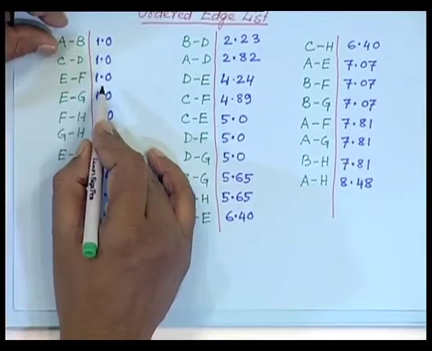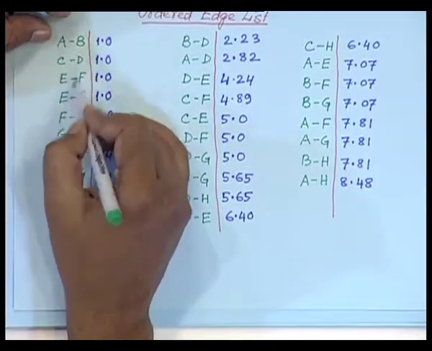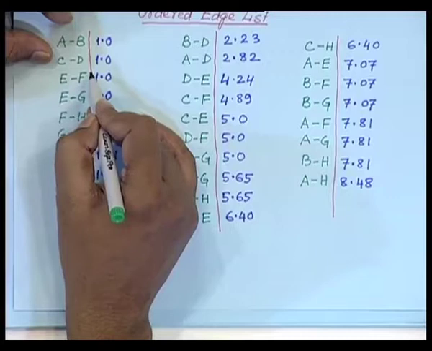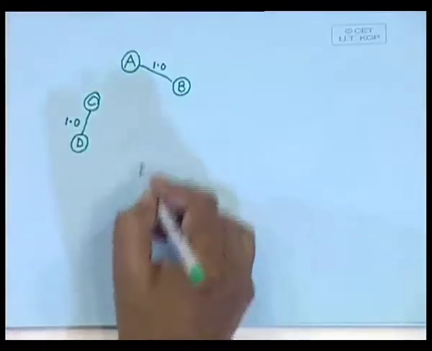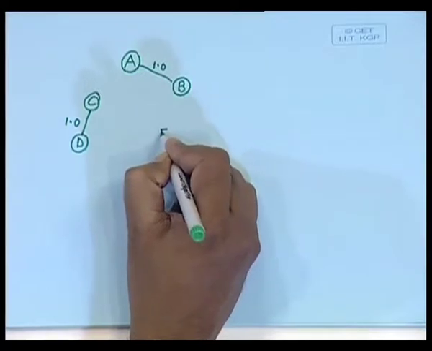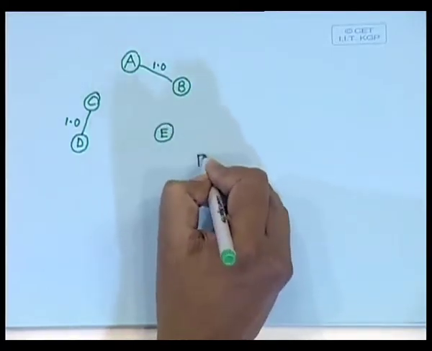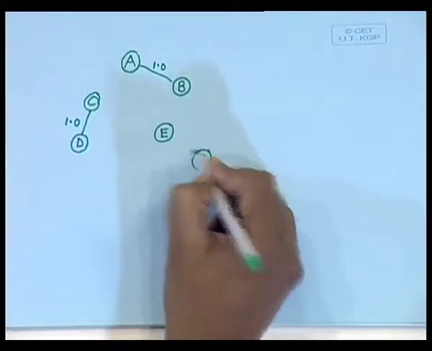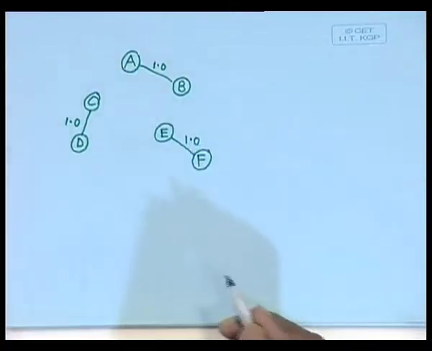The next one is E F. Again, there is no common node of E F with A B or C D. So, this will be another tree. The weight of this edge is also 1.0.